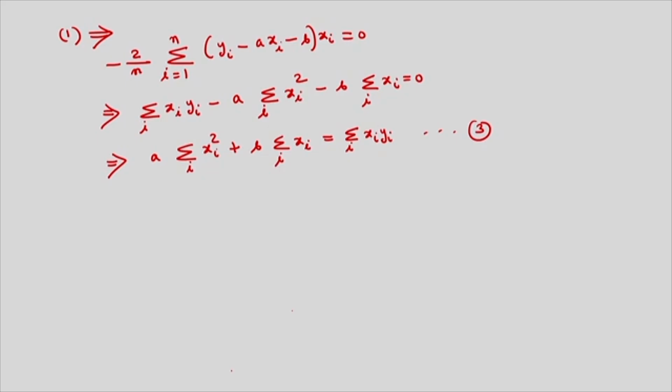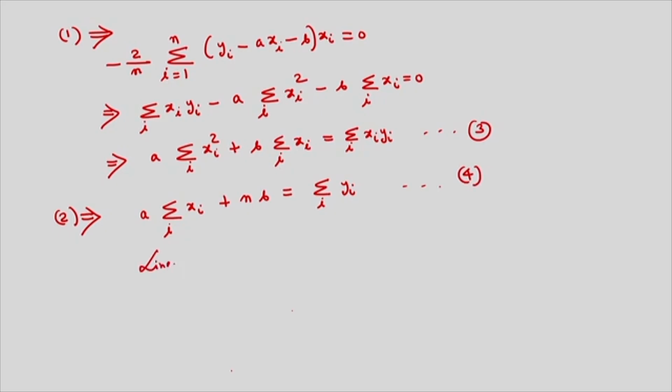Similarly, we can apply the same procedure for equation number 2. The differentiation of E with respect to B gives a summation of xi plus nb is equal to summation of yi. So I am getting these two equations, equation number 3 and equation number 4.